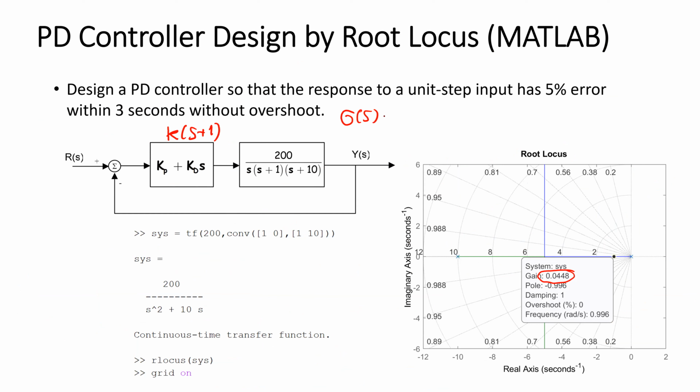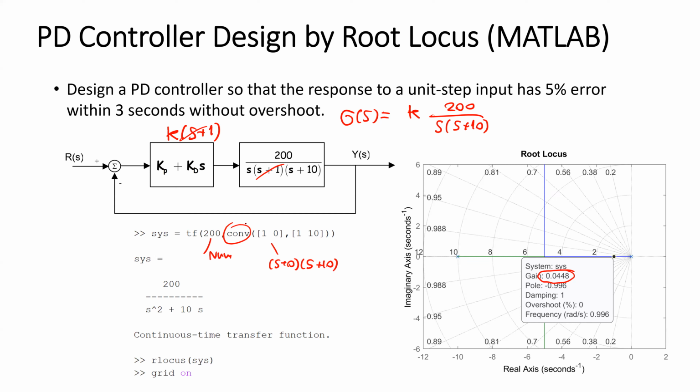So the open loop transfer function is going to be K multiplied by 200 divided by s plus 10. So num is going to be 200, and then den is going to be the convolution of s plus 0 and s plus 10.